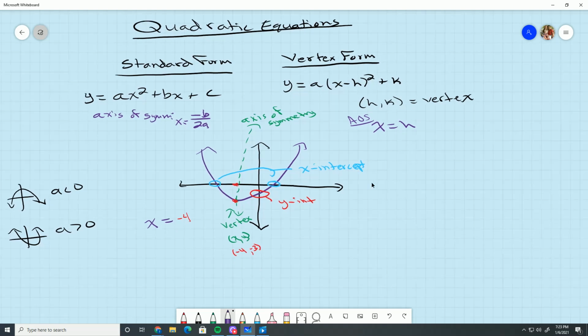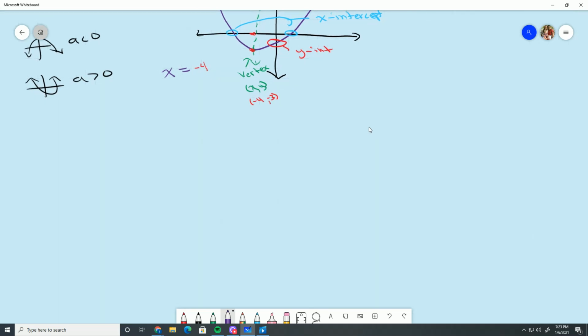Okay, so if, for example, you had something like this, you may be asked to identify certain things about it, and I just want y'all to realize that if you're asked to identify things about it, you're probably going to have to go back to that standard form and actually interpret it.